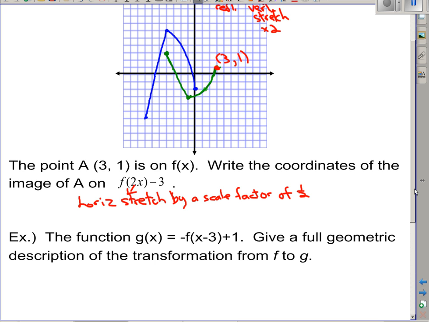And the minus 3, that's going to be a translation down 3.